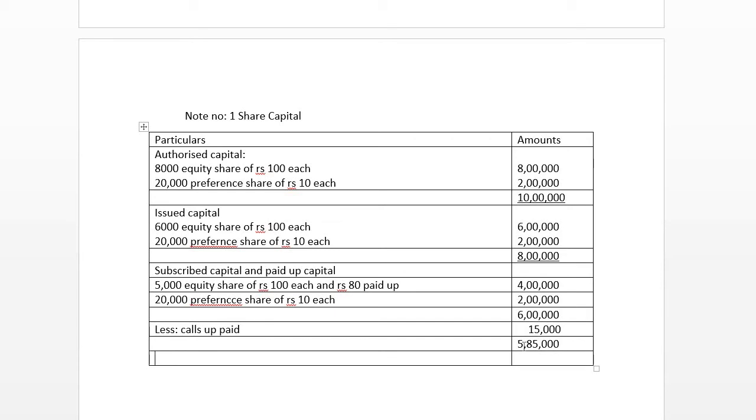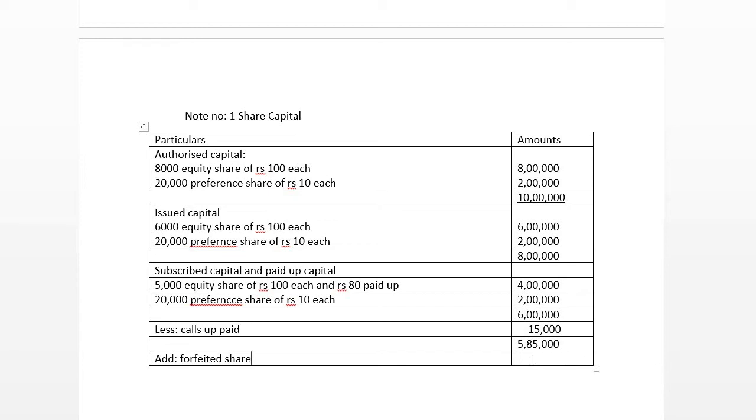Then later, some of the shares are issued out of subscribed capital, but they have already paid the amount, but they are unable to take the right of that share. At that time they are going to cancel their shares, right? When they cancel the rights of that share which has already been subscribed, at that time we are going to add the amount of forfeited share.